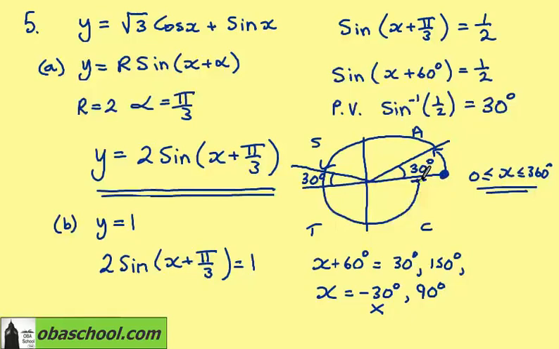So let's go forward and pick up one more solution. 390, which is 360 plus 30. When we remove 60 from this, we get 330, which is in the correct range. So we have two solutions between 0 and 360.